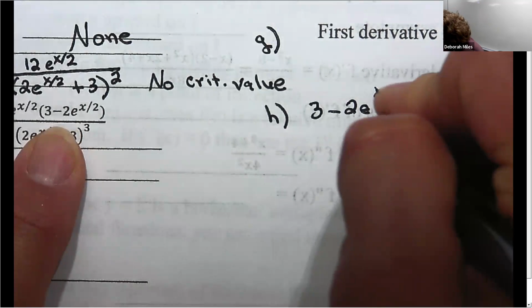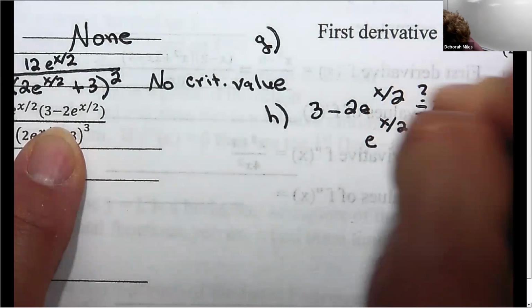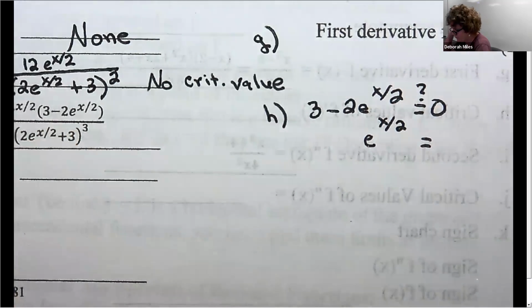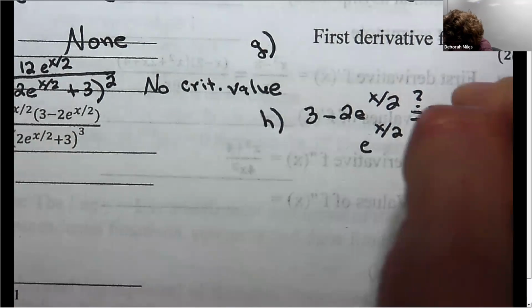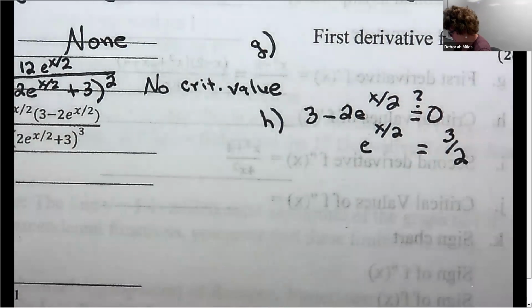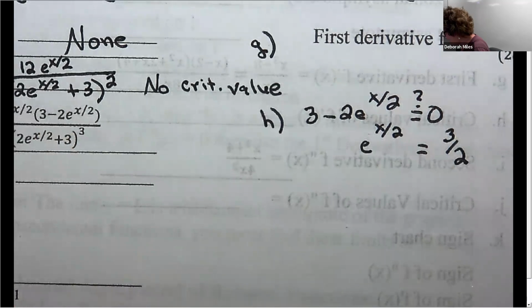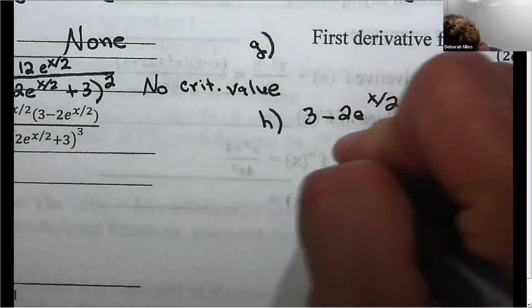If you got the natural exponential function by itself on the left-hand side, what would you have on the right? It'd be a positive 3/2, wouldn't it? Is it possible that there's some power of e that gives you 3/2? Yeah. How can I find that value? You could take the natural log of both sides.